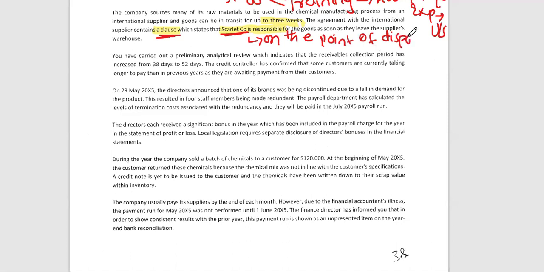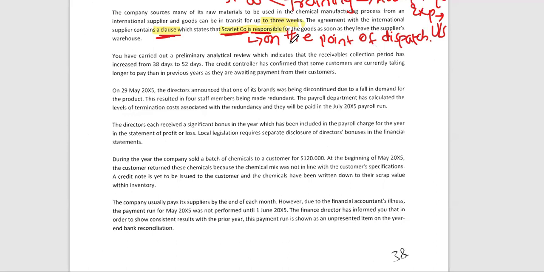So what clicks in mind is that Scarlett Company should recognize the purchase expense and should recognize payables in their accounts at the point when the supplier dispatches the goods from their premises, because it's written in the contract with the supplier that this client is responsible for the goods as soon as they leave the supplier's warehouse.